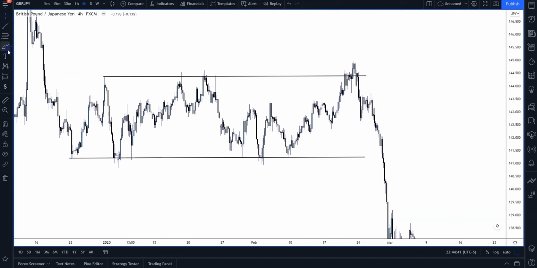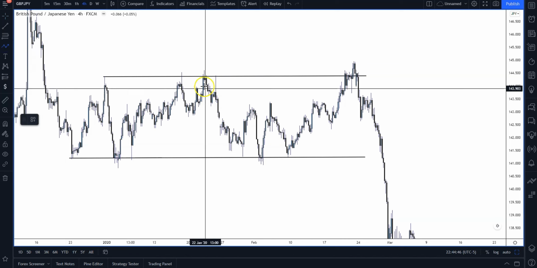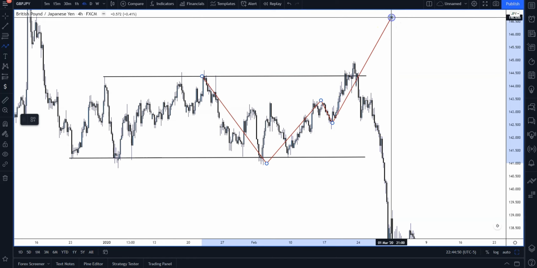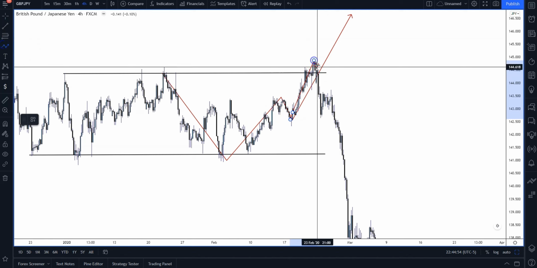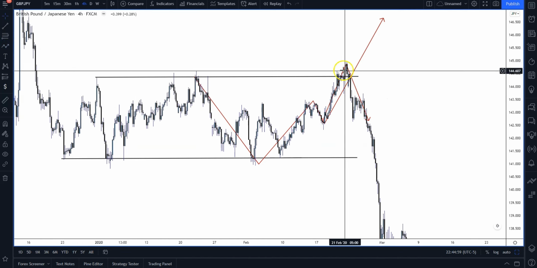So for instance, let's pull up my pen. They think it's gonna do something like this and shoot out, but as you can see, it went up and came right back inside. So what happened is the buy stop was triggered.